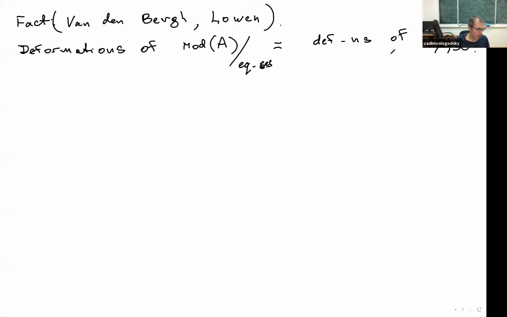Okay, so now maybe I will explain why this is true. If you have a category of modules of an associative algebra, and you have a deformation A_N, so you have a deformation of this category, you want to produce a deformation of the algebra.